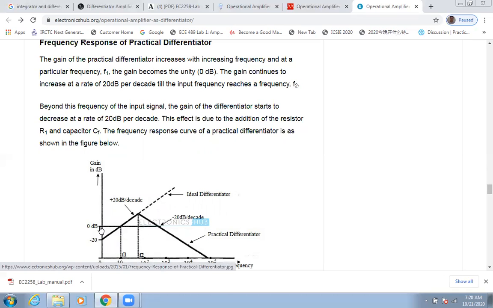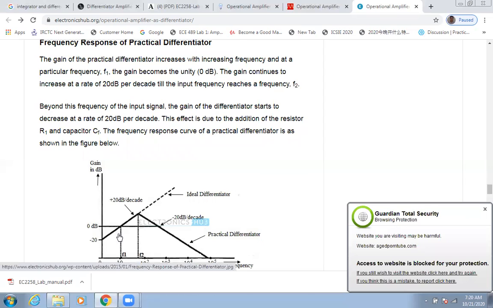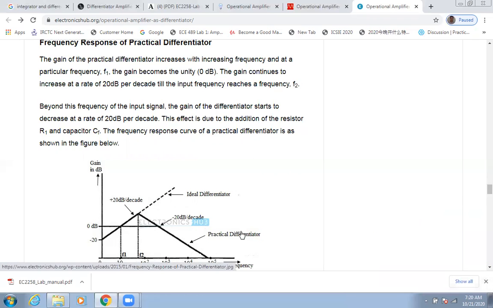The gain continues to increase at a rate of 20 dB per decade till the input frequency reaches a frequency f2, which is shown in this figure. This is the frequency response of an ideal differentiator, and this is the frequency response of a practical differentiator.